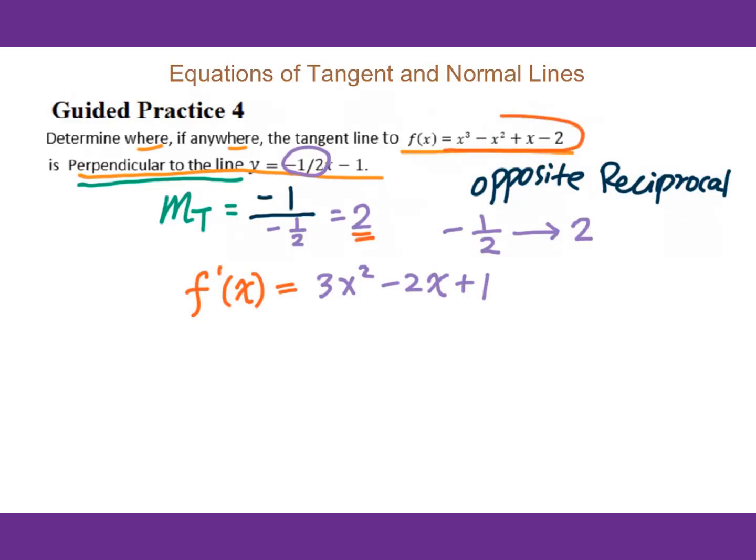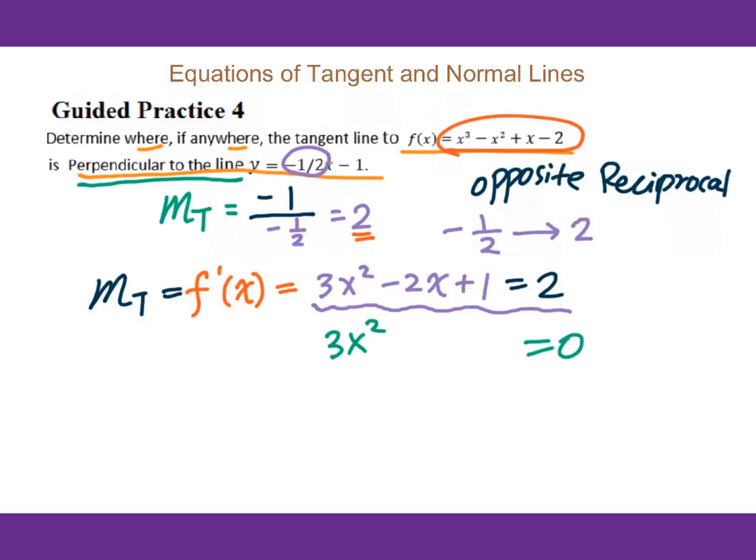This will be the slope of the tangent line, which equals 2. Then we solve this quadratic equation. The key is to set it equal to 0.